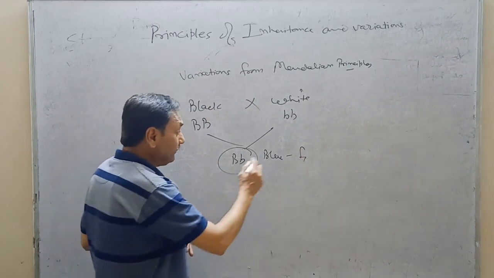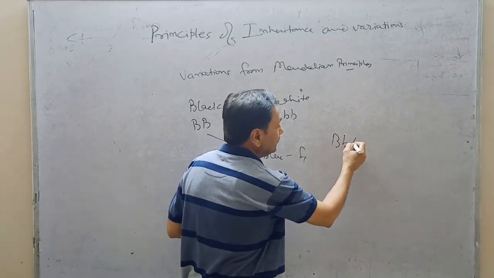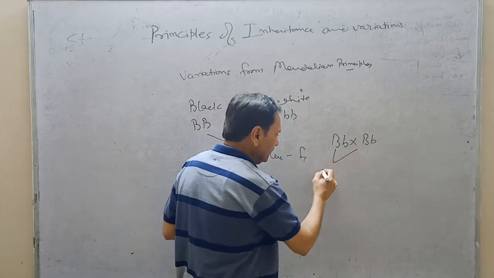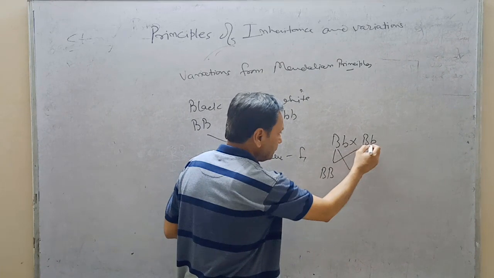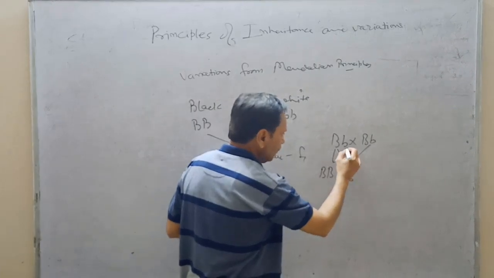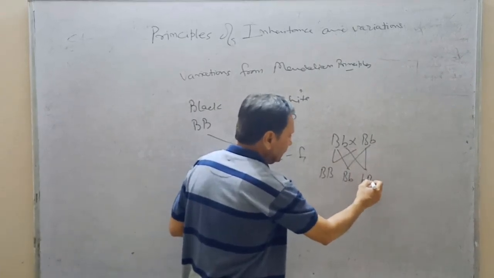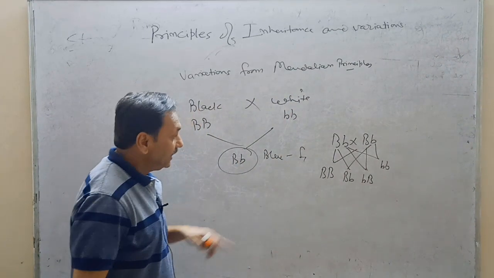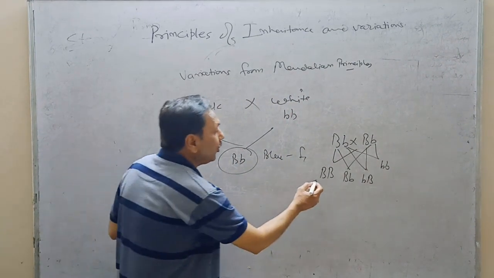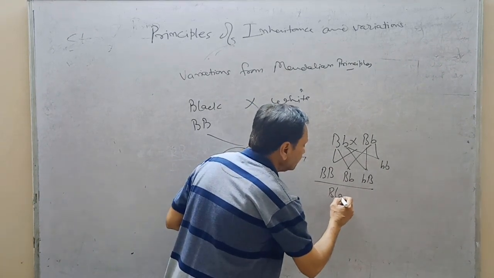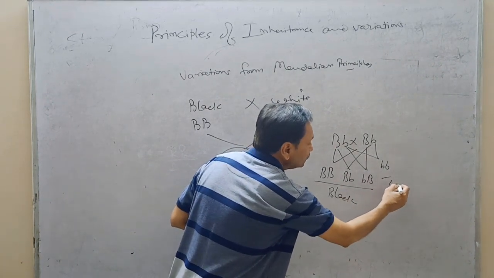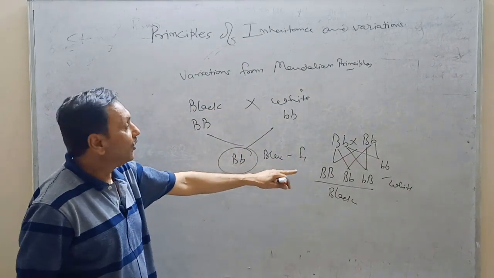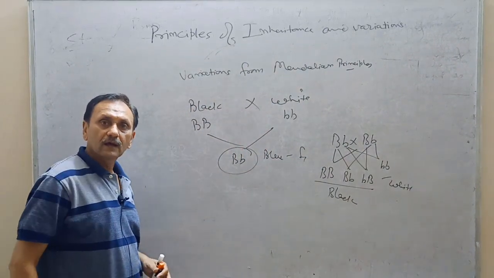Now when the F1 product, that is called Bb, crosses with the Bb, their product should be capital B capital B, capital B small b, small b capital B, small b small b. According to Mendel's principle, all should be black and one should be white, but it has not been observed in the case of the adulation form.